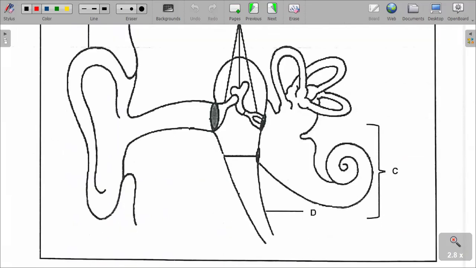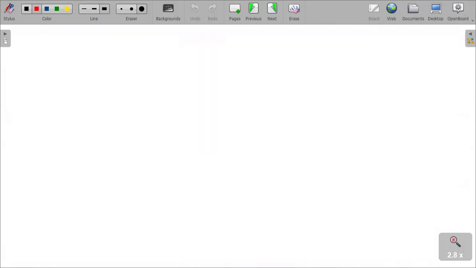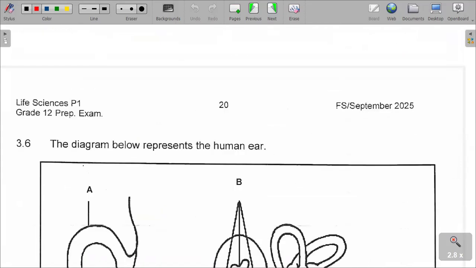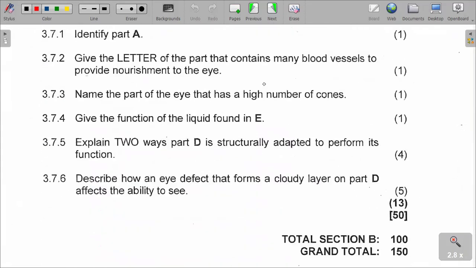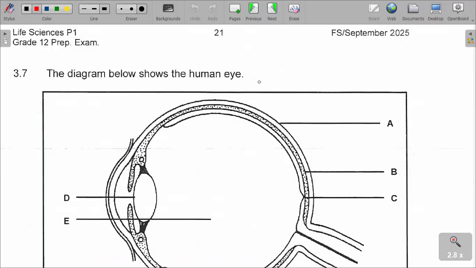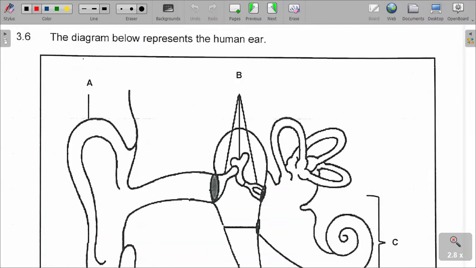It's a human ear that is shown there, which we should just quickly look at. Let me just see the next questions that are there.